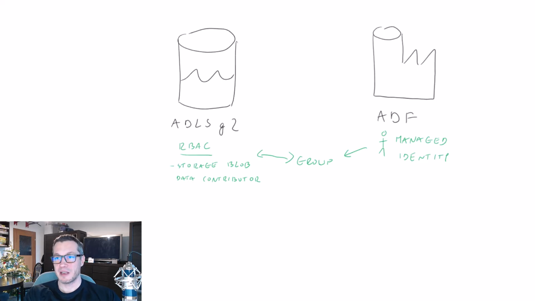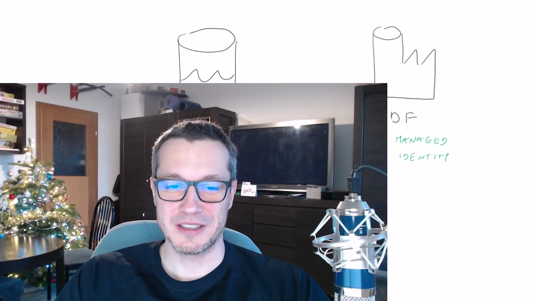We don't have to think about expired secrets, we just indicate, hey, Azure, I want to use a managed identity of this data factory to connect to my data lake. And then on the data lake, I just need to make sure that the managed identity is granted sufficient access. And that's how it works.